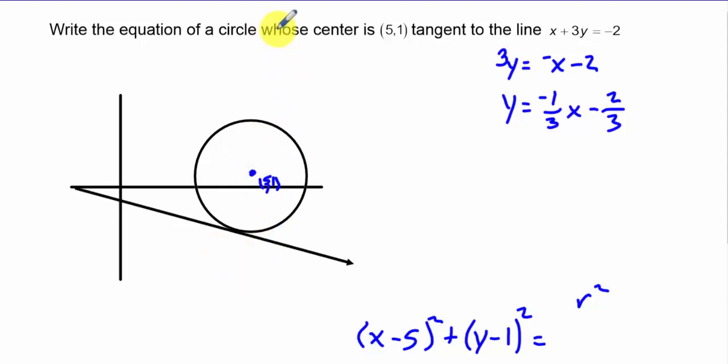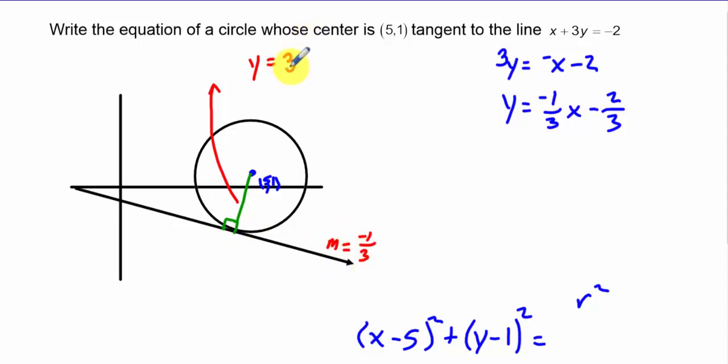Now we have to go back to geometry again and say, well, hey, I remember from geometry that from the radius to the point of tangency, I have a perpendicular. So then I know that this green line has an equation of y equals, the slope is going to be the opposite reciprocal of this guy, and this has a slope of negative 1/3.